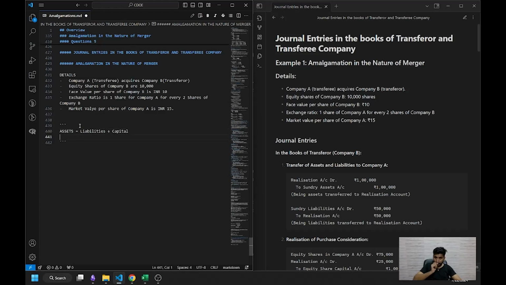For company A, the difference between the face value and market value is 15 minus 10, which is equal to 5 rupees.